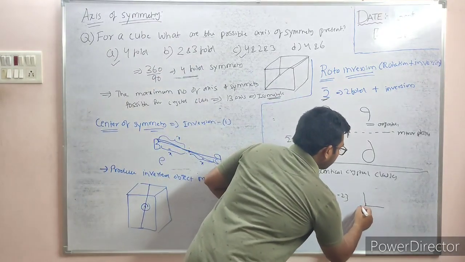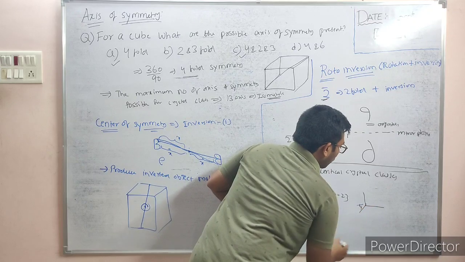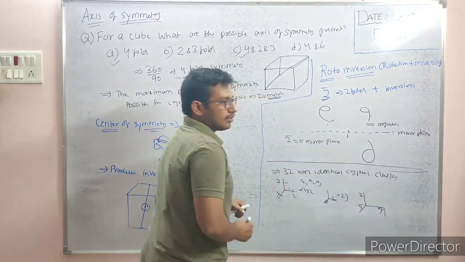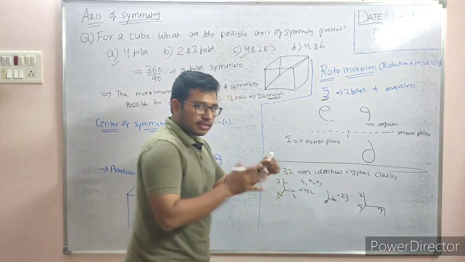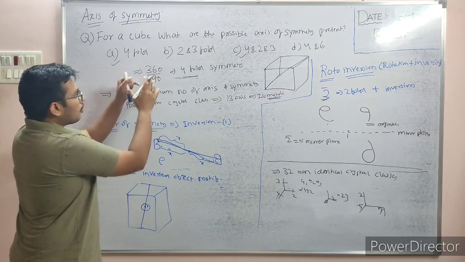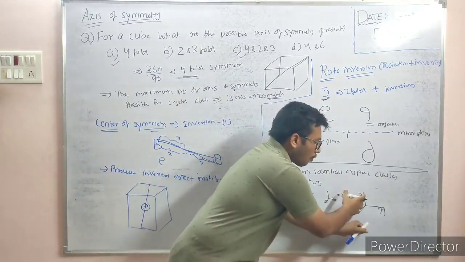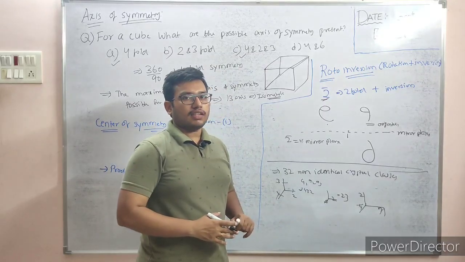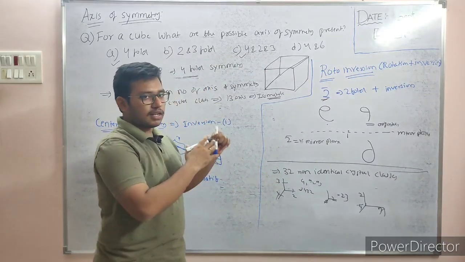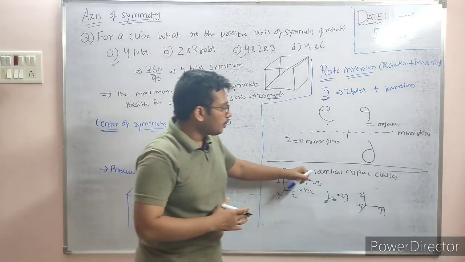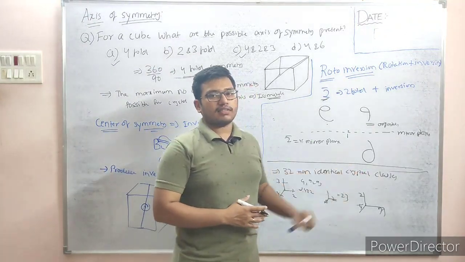And at each of the positions, if I put 4 bar or any type of mirror plane, and again put the 2-fold rotation axis, combining the symmetry elements, if I put the center of symmetry on one axis and the 2-fold rotation axis on another axis, we are producing different types of crystal classes. And combining all the crystal systems with these symmetry elements produces 32 non-identical crystal classes.